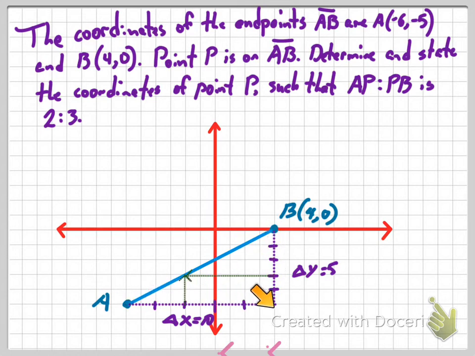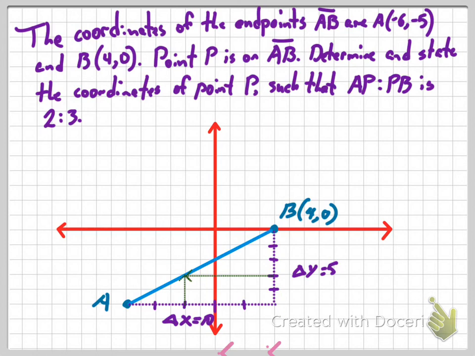If I divide this horizontal part into 5 parts, that's just breaking into 2s, right? 1, 2, 3, 4, 5. I've broken it into 5 sections on each side. I'm going to put 2 parts on this side, 3 parts on this side, 2 parts on this side, 3 parts on this side. That gets me to my coordinate, which is right there.